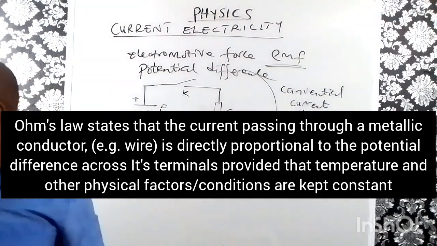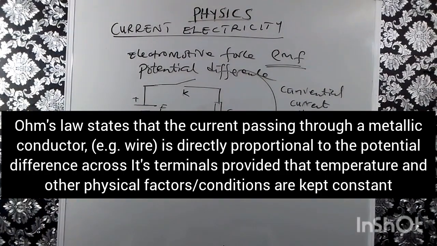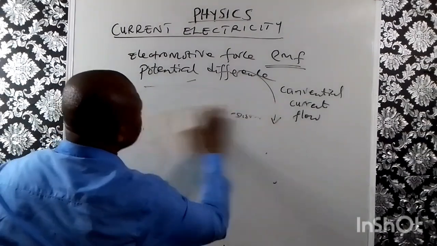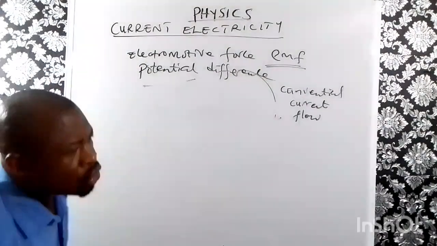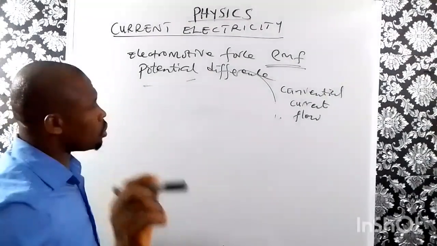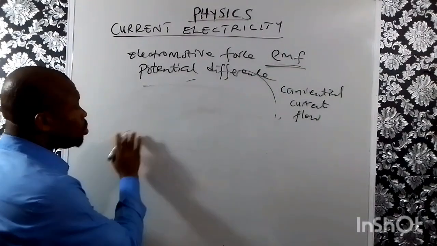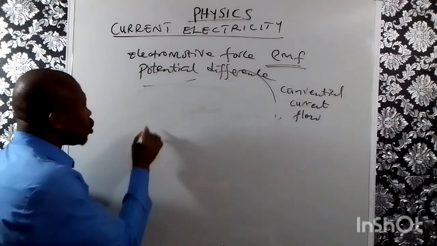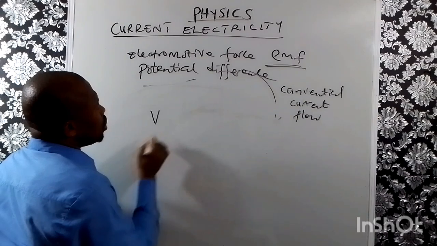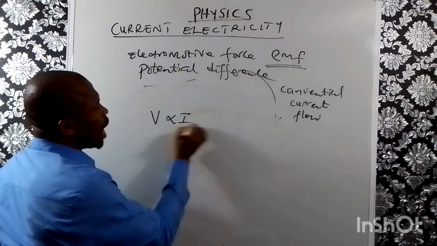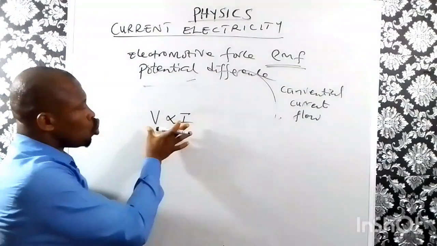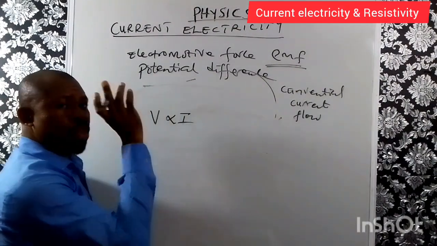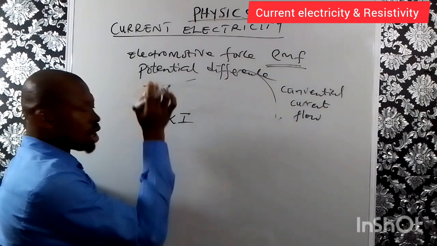So in other words, current passing through a metallic conductor is directly proportional to the PD across the terminals, provided that temperature and other physical factors are kept constant. So we say that PD across the terminal is directly proportional to the current there. Of course, we know that if we remove this sign of proportionality, we introduce a constant.